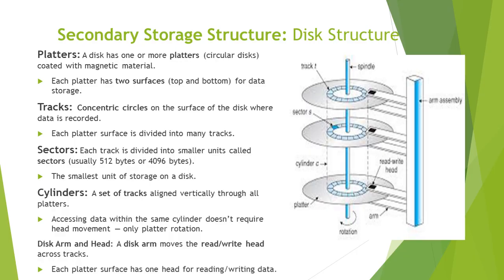Each track is divided into smaller units called sectors. A cylinder is the set of tracks aligned vertically through all the platters. The disk arm and the head are responsible for storing.